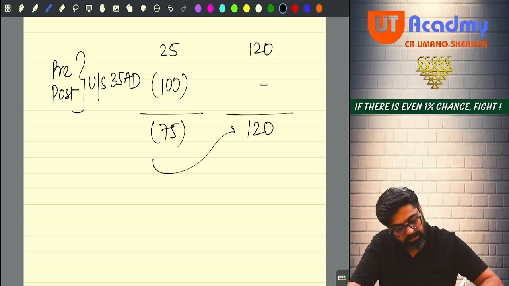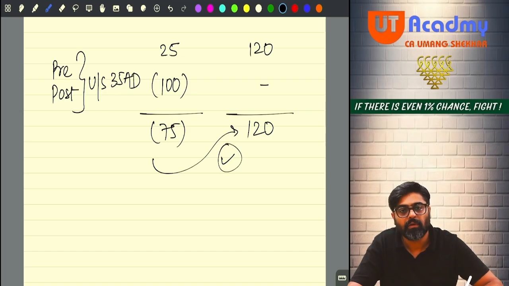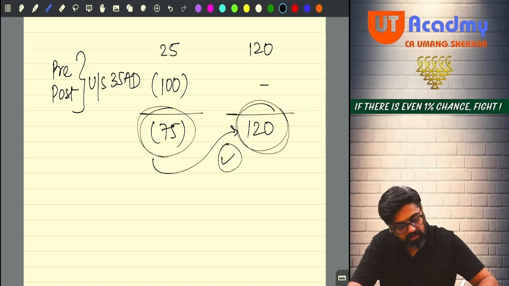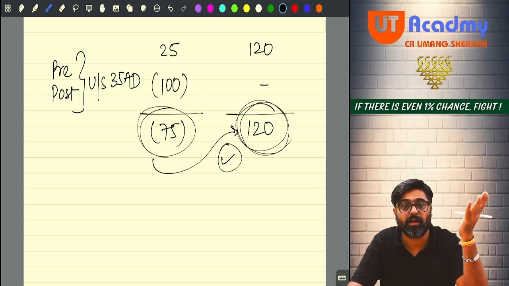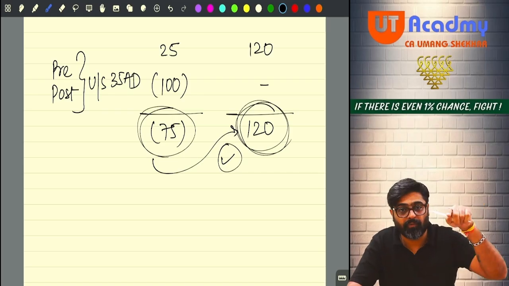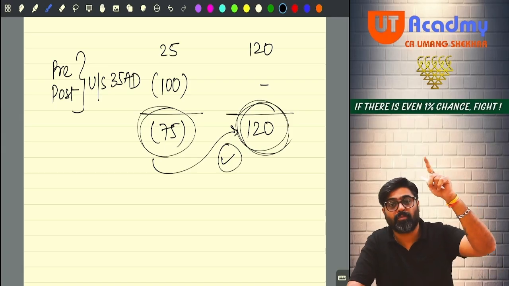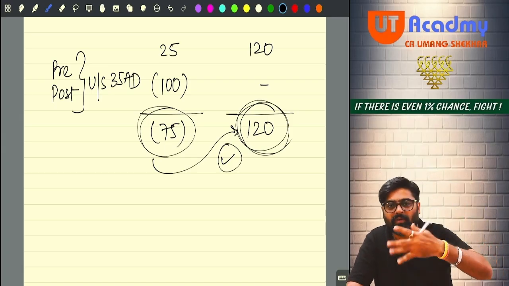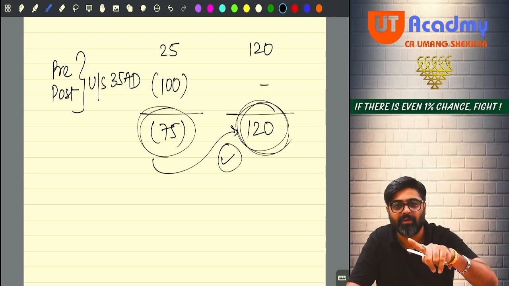So can you adjust this loss against 120? The answer is yes. Why? Because the loss of a specified business can be adjusted against the profit of a specified business, whether the profit is of a specified business for which 35AD deduction is available or not will not make any difference. Yes or no?